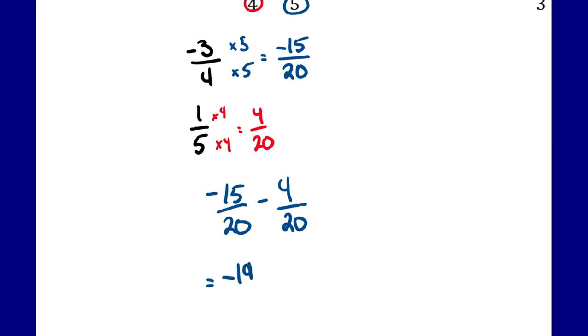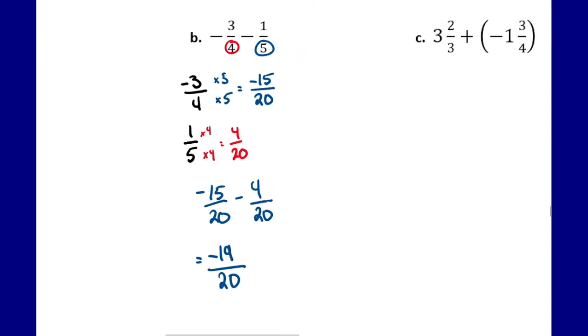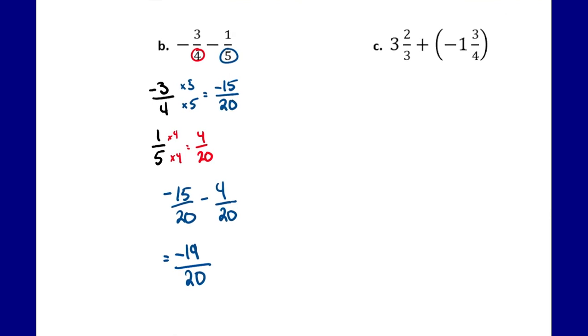So -19/20 is my simplified fraction. Can I make any changes to this, or can I write it in simpler terms? I can't. Right? There's nothing I can divide both -19 and 20 by. So this is as small as it's going to go. So that would be kind of a complicated case where we had to change the denominators of both fractions.